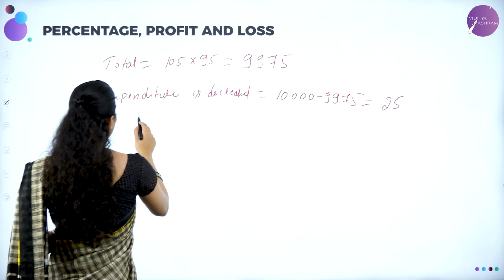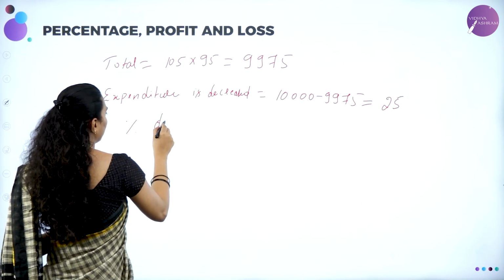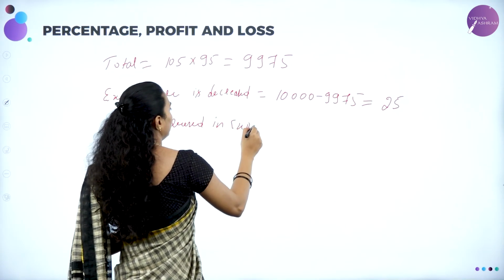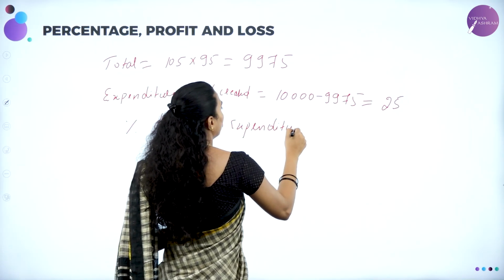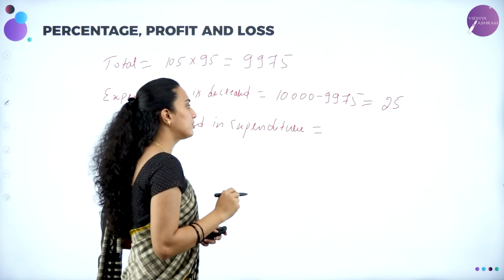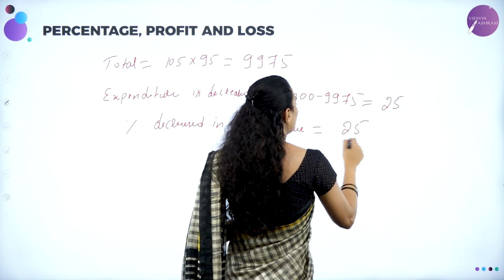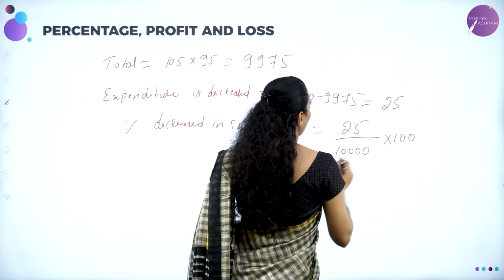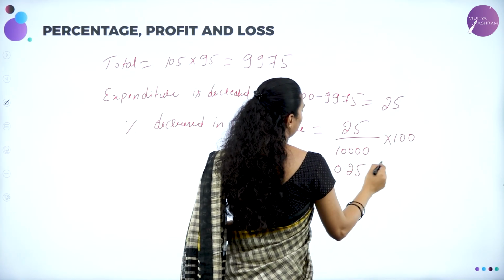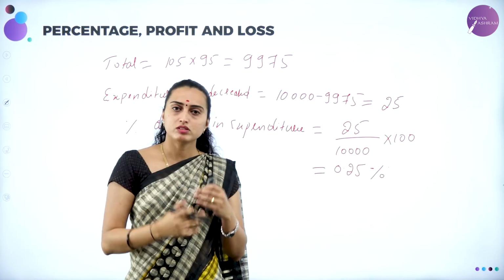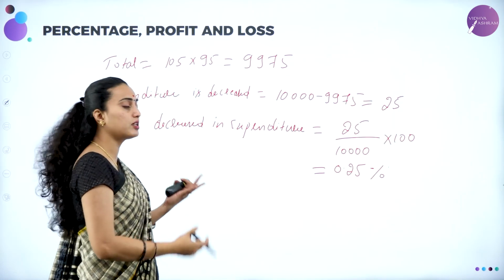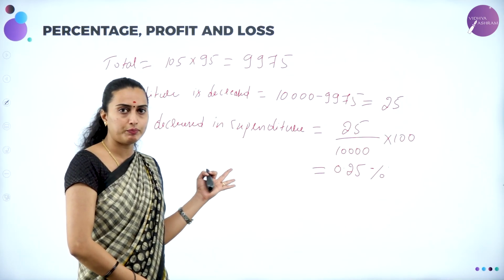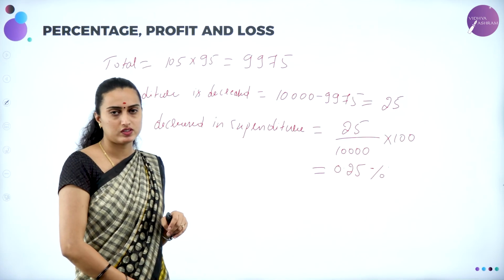Therefore the percentage decrease in expenditure will be 25 divided by 10,000 into 100, which is equal to 0.25%. That's it, they have asked. Similarly, in case of an increase of the consumption by 5% and a decrease of the price by 5%, it will also be calculated, which is nothing but 0.25%.